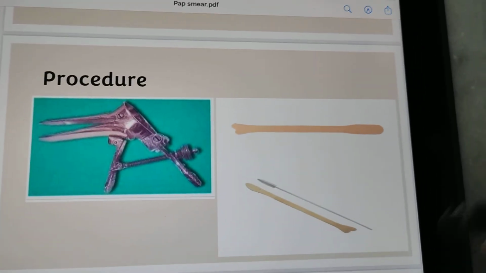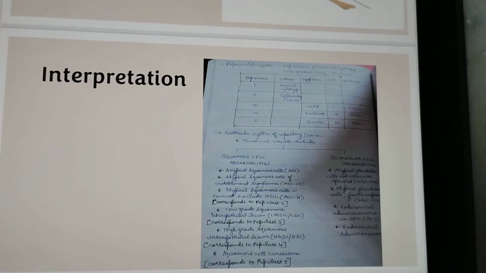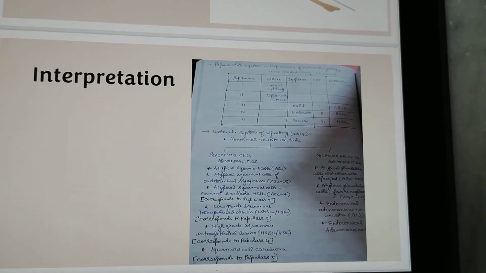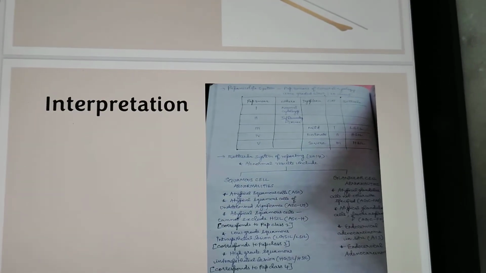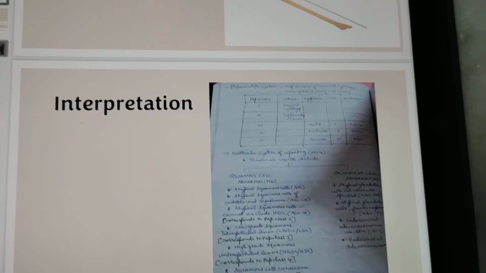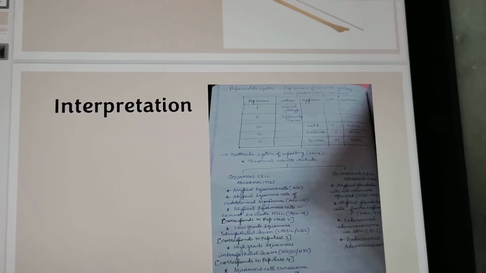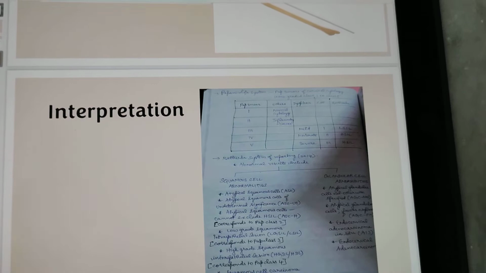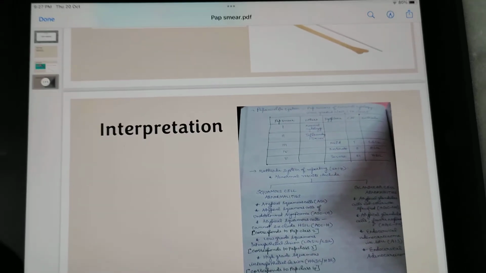Now for abnormal smears, you will see the Papanicolaou system. It is a Pap smear of cervical cytology graded from class 1 to 5.